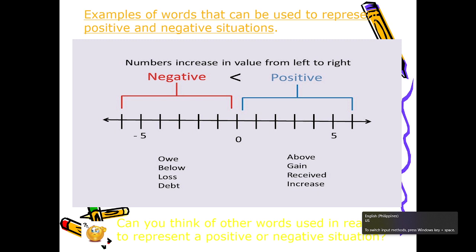For the negative numbers, we have the words owe, below, loss, and debt. And for positive numbers, we have the words above, gain, receive, and increase. Now, there are several other words that also refer to either positive or negative numbers.